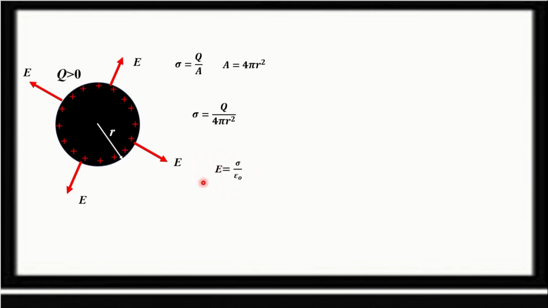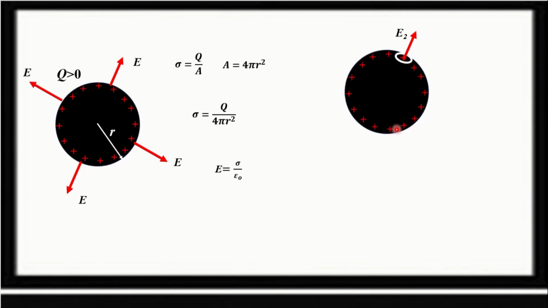Epsilon naught is the permittivity of free space. Now we consider the same ball with the same surface charge and select a small area, and assume that the charge on this area, only this area, generates the electric field which we denote E2. Without proof, we take that E2 is equal to sigma over 2 epsilon naught.